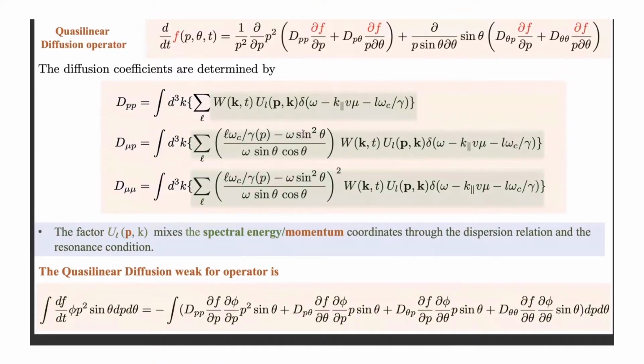And here is a coupling, and this is very interesting: here we have the solution of the wave function, of the spectral wave energy. Here is a factor that mixes the spectral energy and momentum, and I like to call this the elephant in the room. The calculation that you do is very sensitive to these quantities, and this is a very elaborate quantity to calculate.